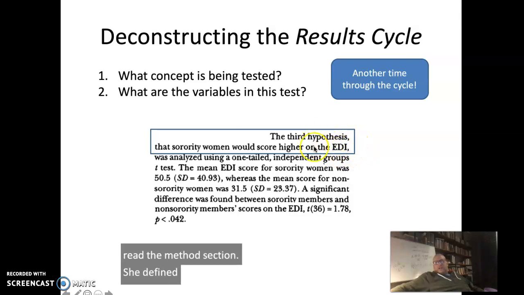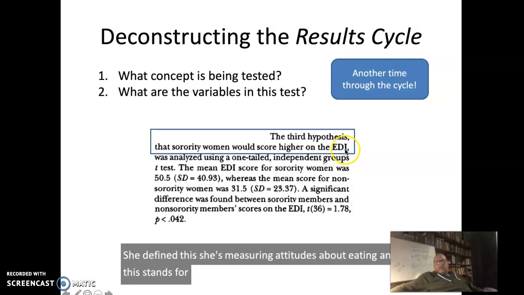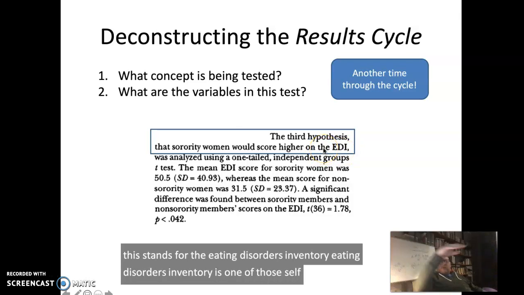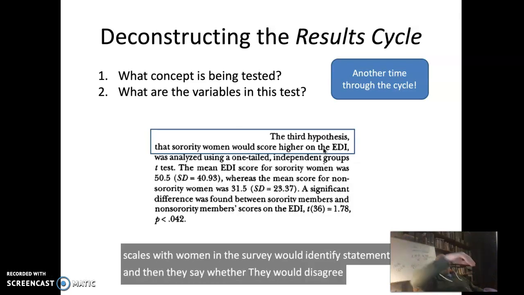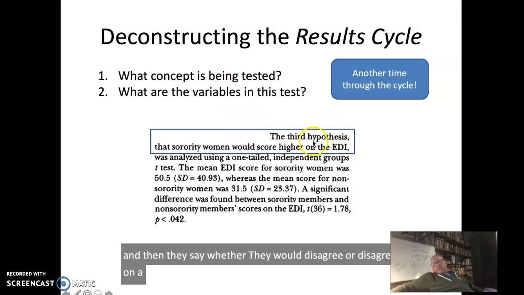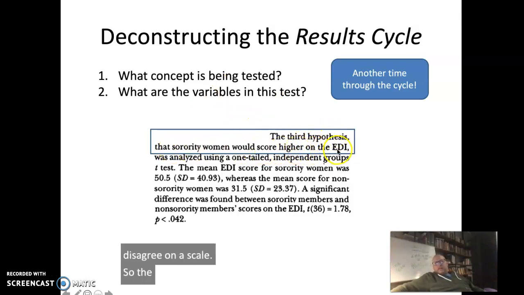She's measuring attitudes about eating, and this stands for the Eating Disorders Inventory. The Eating Disorders Inventory is one of those self-report scales where the women in the survey would identify statements, and then they'd say whether they would disagree on a scale. So the hypothesis is that sorority women would score higher on that scale.